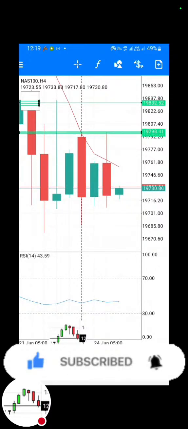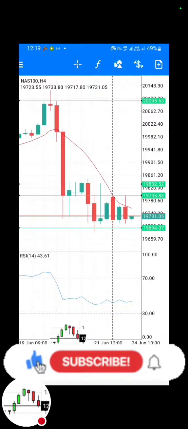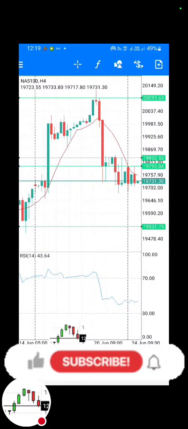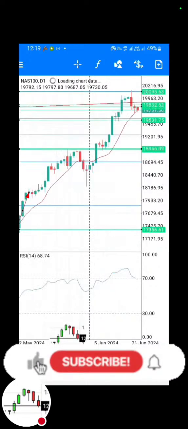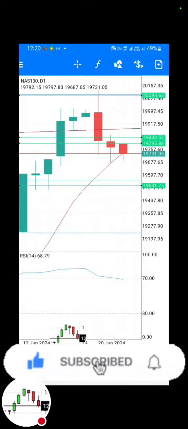Let's say I did take a trade. So we will be in profit, obviously. We will continue going down. So take profit will be somewhere around here. So that is scalping, that is day trading. Or it could be somewhere around here to end the day. Let's say I want to end the day. I know that the market is going to be bearish.